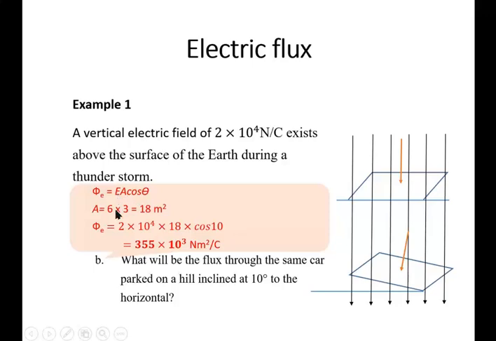So we have the electric field, which is 2 by 10 to the power 4, multiplied by the area, which we've done already as 18, and then multiply it again by cos theta, theta being 10. And we see that there will be a reduction.